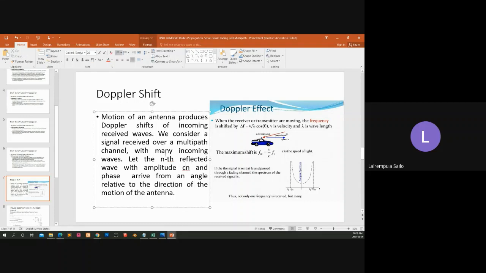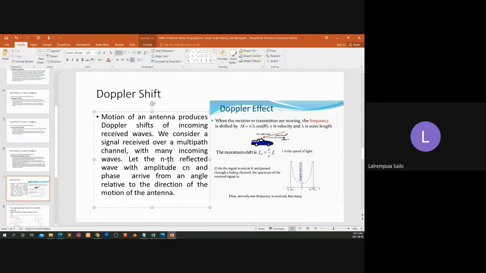C is the amplitude and n is the number of the reflected wave. The phase arrives from an angle relative to the direction of motion of the antenna. Direction of motion of the antenna means whether it is moving away from or towards the signaling tower. This also affects it.